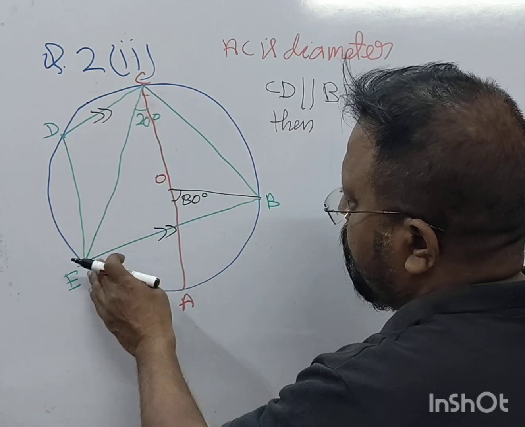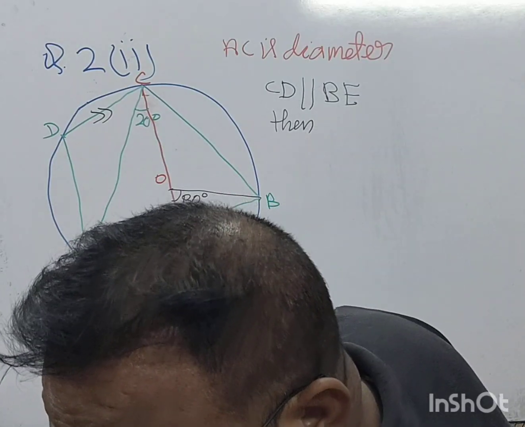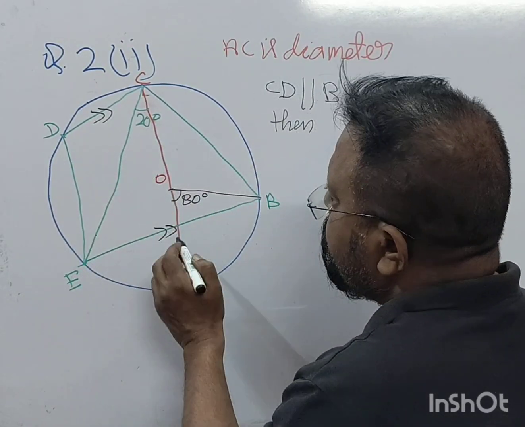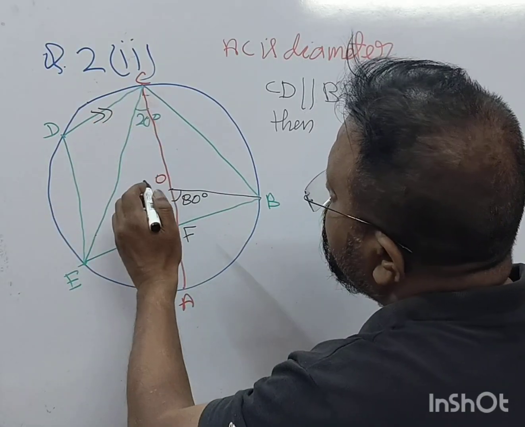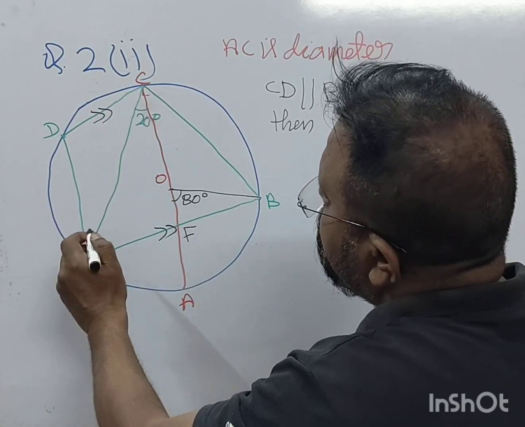Okay, they are parallel. So this point is not given. Suppose this point is F. So this is a quadrilateral, and this is the diagonal.